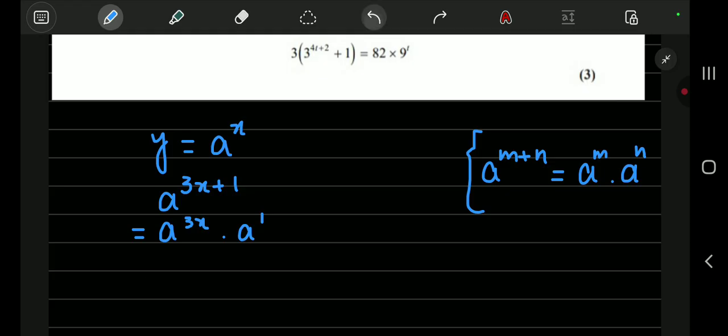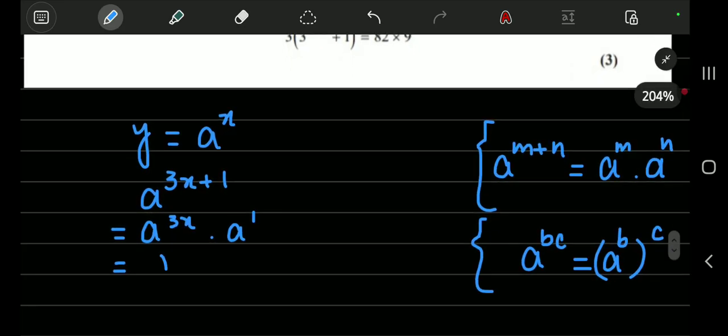Secondly, if we have a to the power bc, what can we do? We can write it as a to the power b, with whole power c. Like the power of a power, when opened, we multiply them, so the opposite is also true.